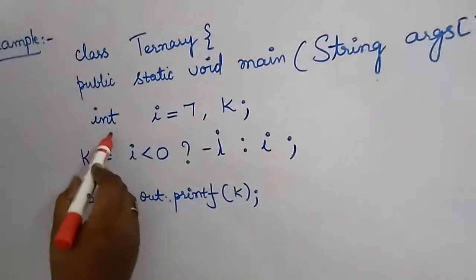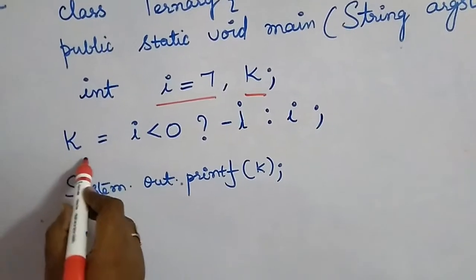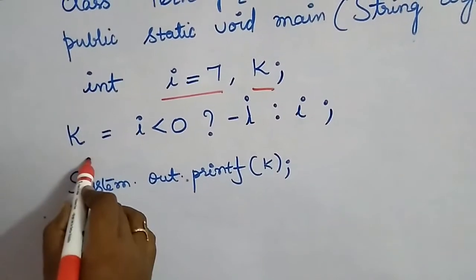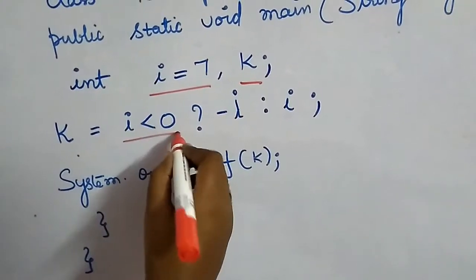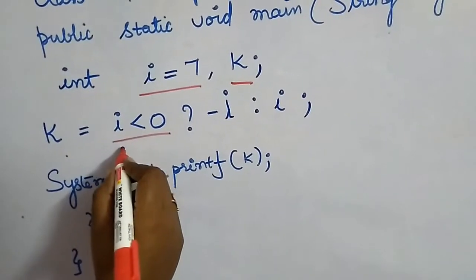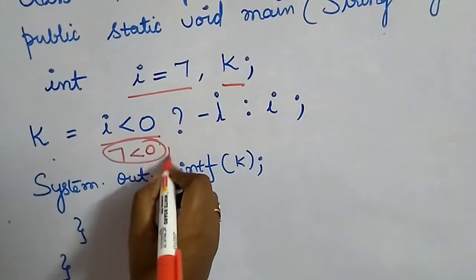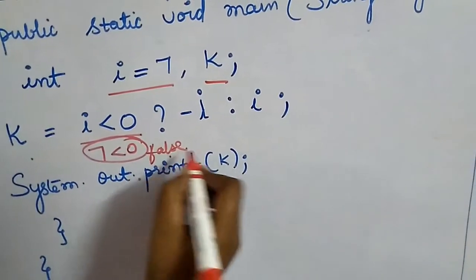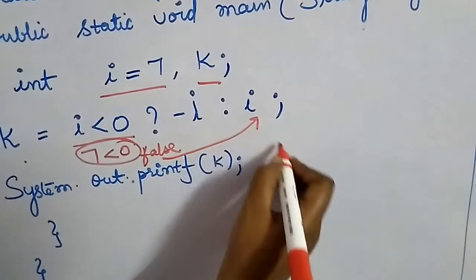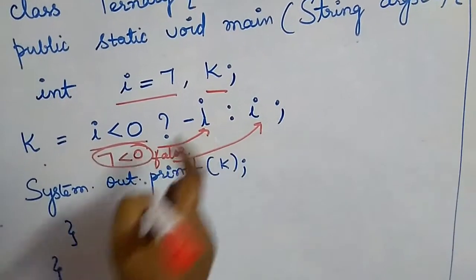I said i is equal to 7 and k. I am trying to initialize the value of k based on these conditions. If i is less than 0, what is i? 7 is less than 0 evaluates to false. If this is false, the statement after the colon will be executed. If this is true, the statement next to the question mark will be executed.